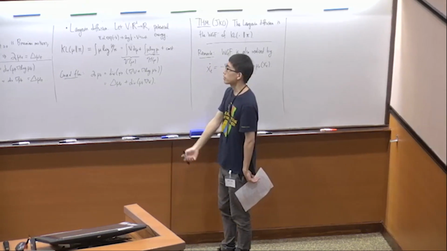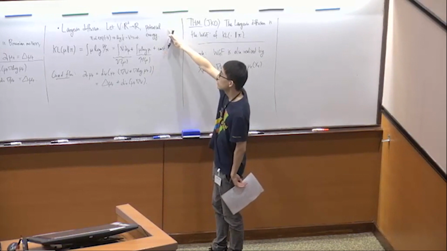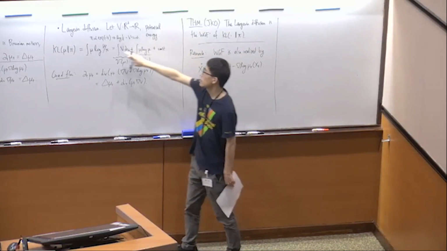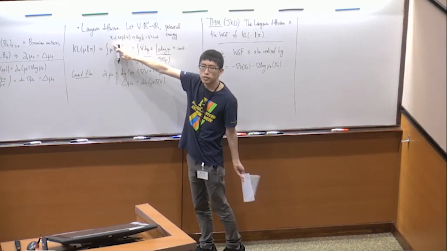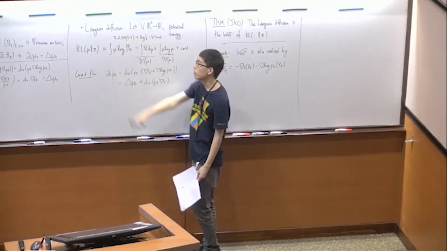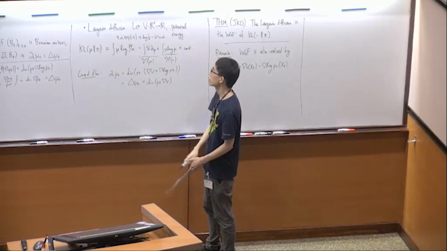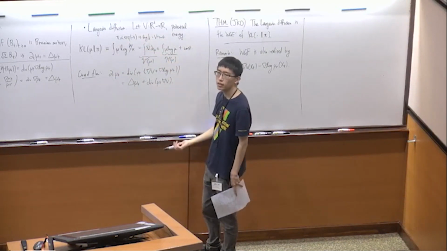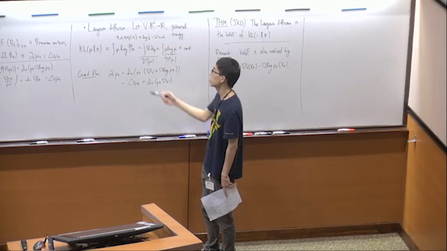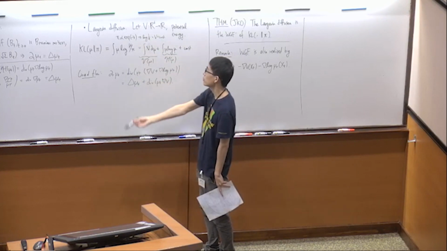One of the most important applications of the Langevin diffusion is that I start with a distribution pi that I want to sample from, for instance the posterior distribution in Bayesian inference, or a multiplicative weights distribution in online learning, where I want to sample to play my next action.